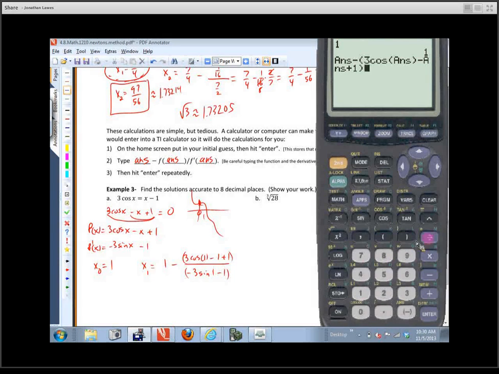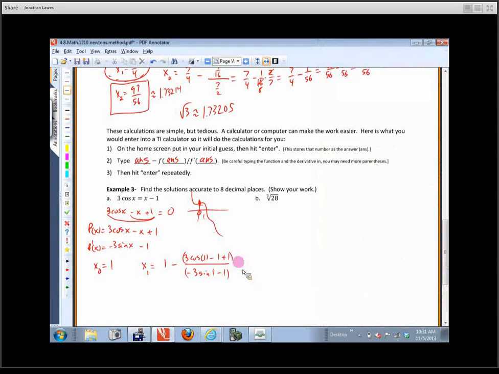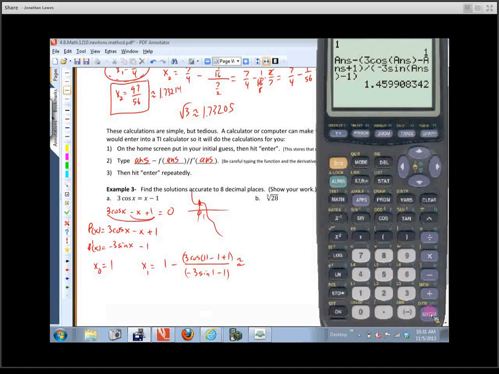Divided by, start a set of parentheses because we've got to evaluate this function here, negative 3 sine of that last answer, close the parentheses, and then minus 1, close the parentheses. So I get 1.459.